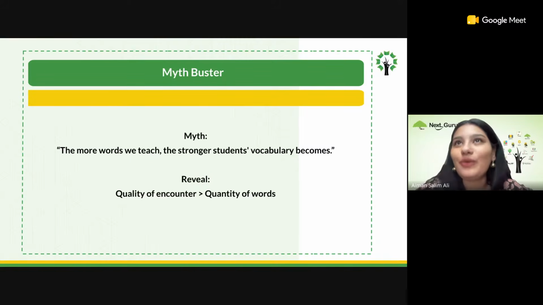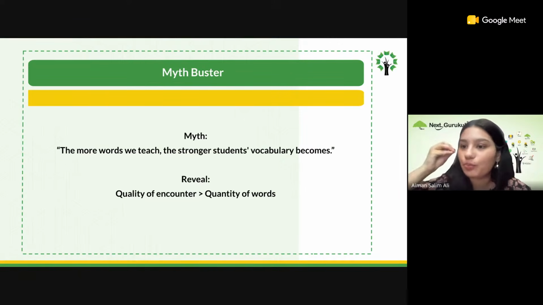Sometimes we as teachers get into the trap that I need to pull up a story or a poem or a prose that has as many new words as possible. And we need to teach as many word meanings as possible, and that will tick off the vocabulary need of our students.